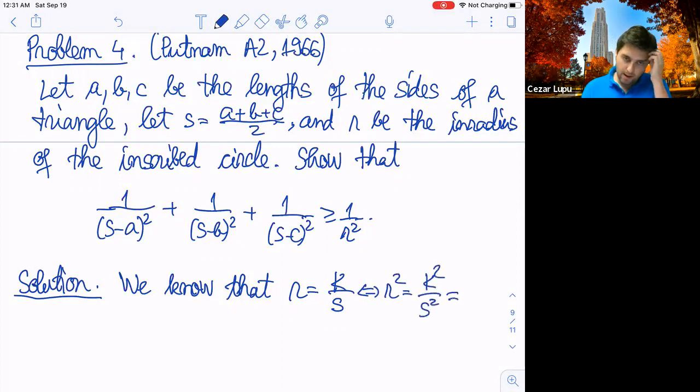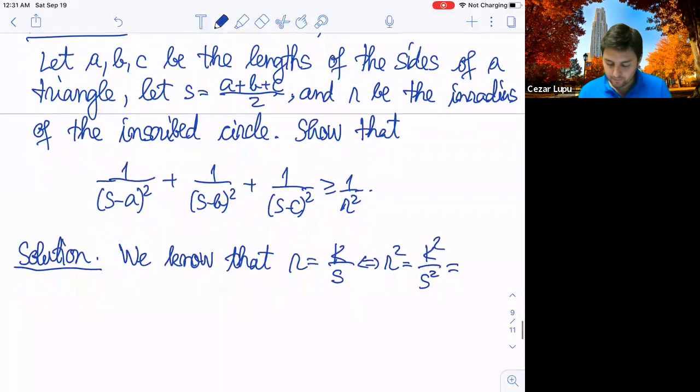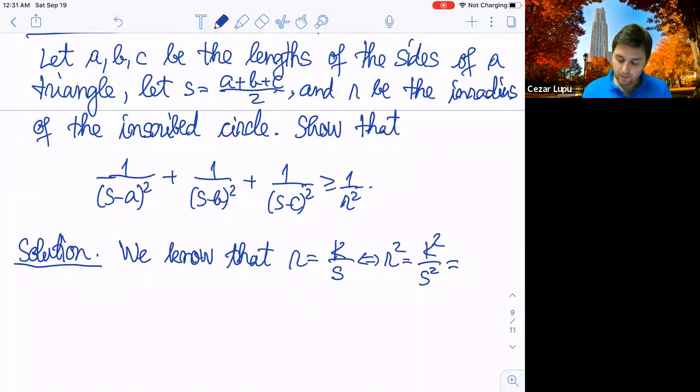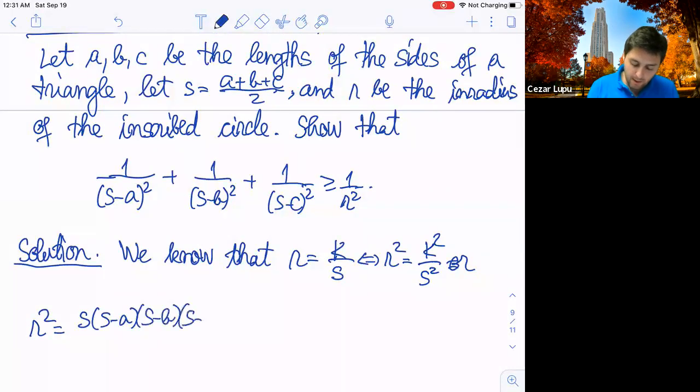Or if you want to apply Heron's formula, R squared will be S times (S minus A) times (S minus B) times (S minus C) over S squared.